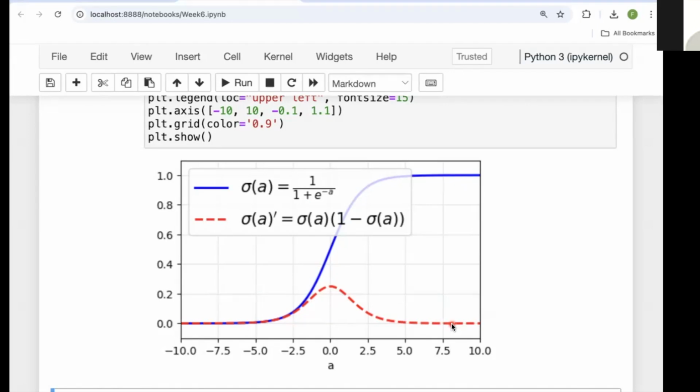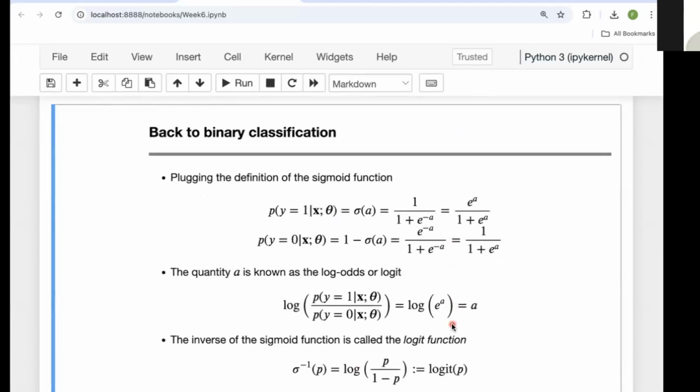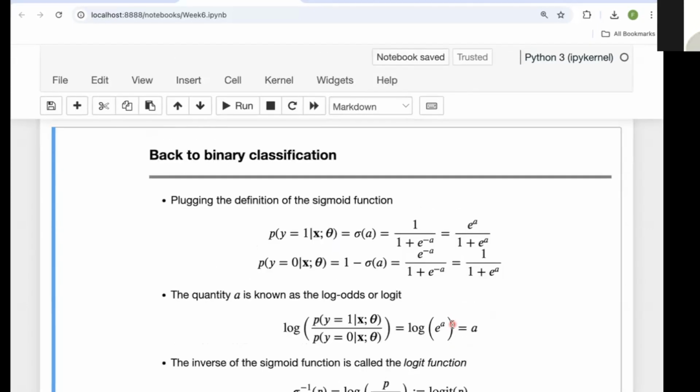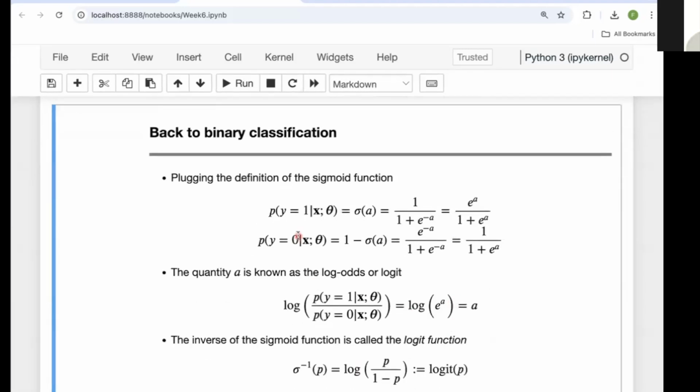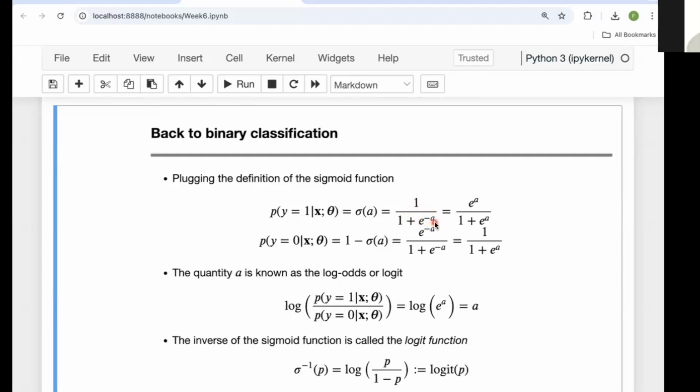But let's get back to our binary classification problem now that we know more about this special sigmoid or logistic function. So what this means is that the probability that the label is equal to 1 for a data point is this sigmoid function, because this is that parameter theta of the Bernoulli distribution. And that's 1 over 1 plus e to the negative a.